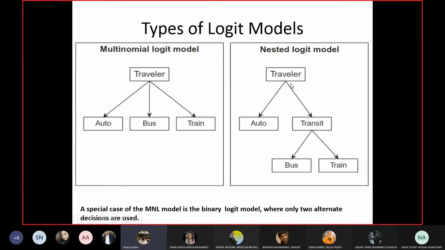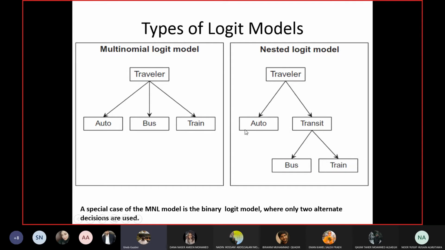I can have a third group as well, which is active travel, travel in which you are moving yourself, which is walking and bicycle. So you can add a third group here as well.